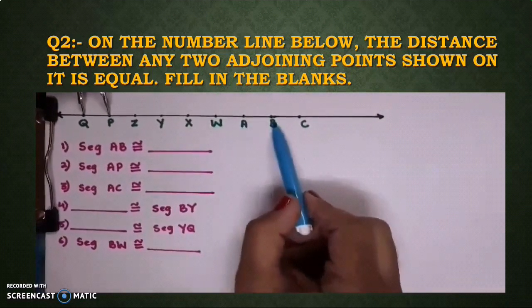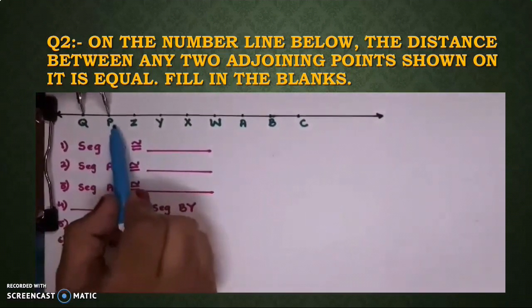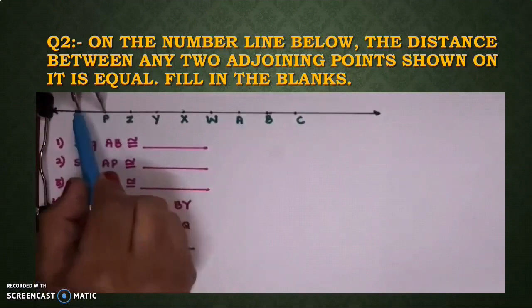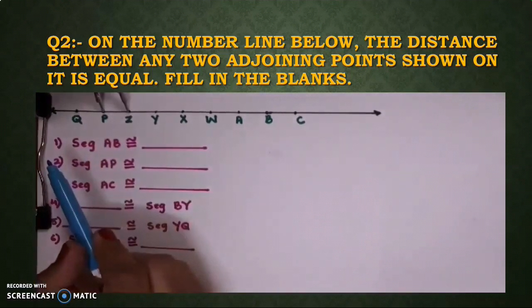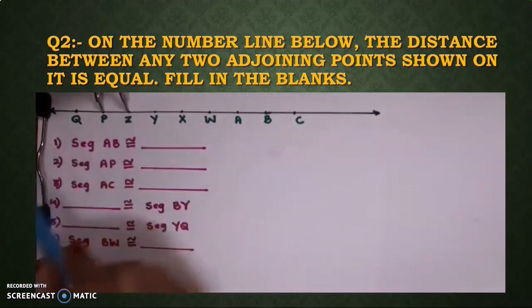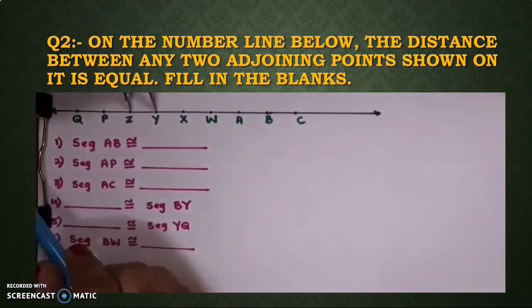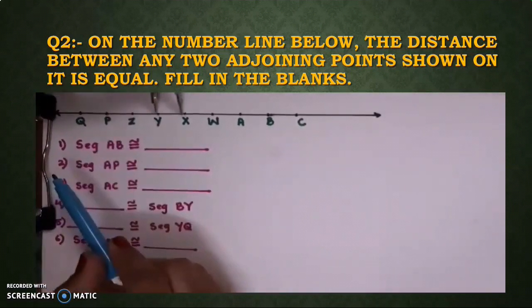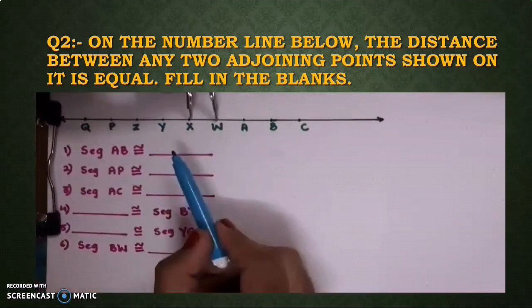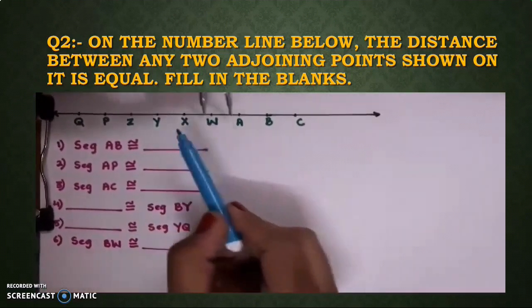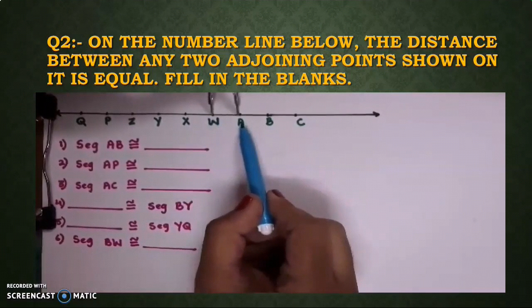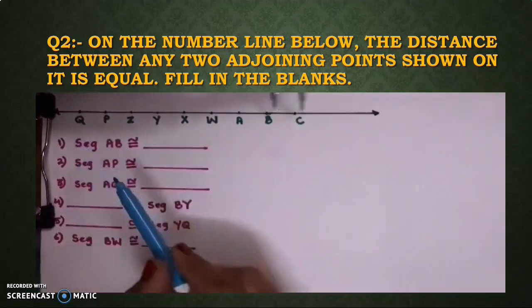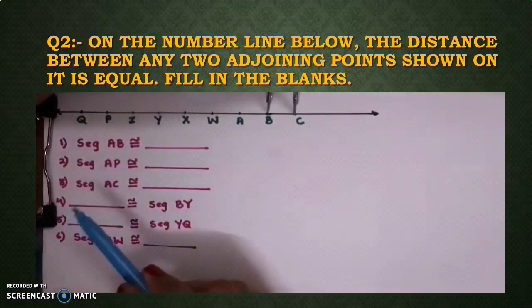Have a look. With segment AB, the first congruent segment is QP because it shows the same length. Then if I keep it on P, PZ also has the same length. The third segment is ZY, fourth is YX, fifth is XW, sixth is WA. AB is in the question only, and the last one is BC.